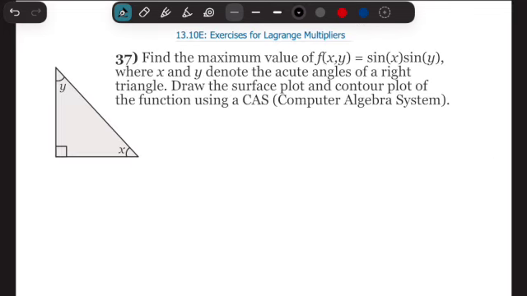Okay, so now we're going to try to use the second partials method to solve this problem. So f of x, y equals sine x sine y. And we should note that x has to be greater than 0 but less than pi over 2, and same for y.